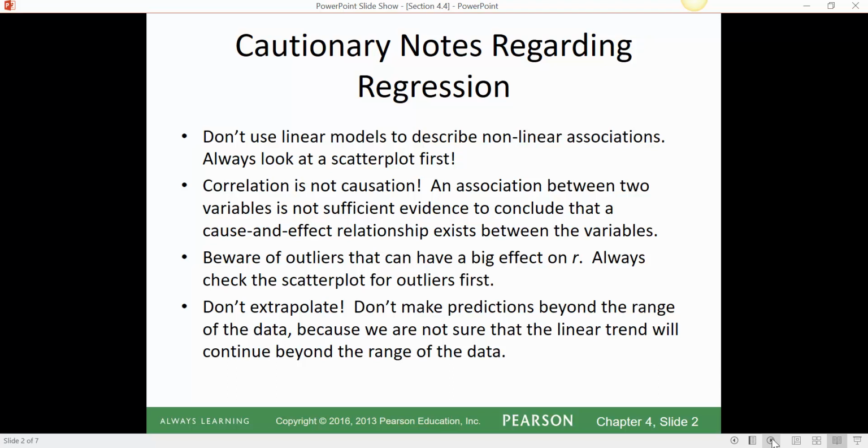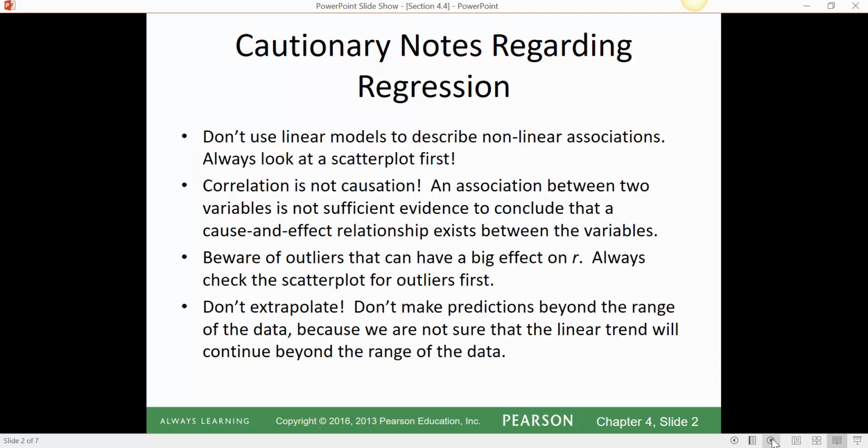So when you're looking at the scatter plot, you want to look for outliers and also whether a linear relationship exists or not. And then lastly, a big item is don't extrapolate. I went over this in the last video, talking about extrapolation and interpolation.